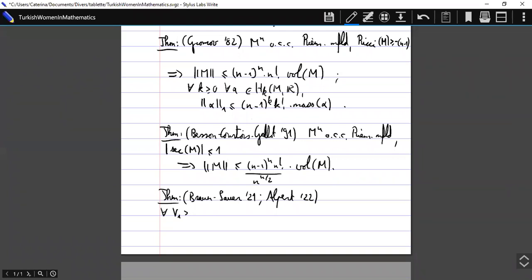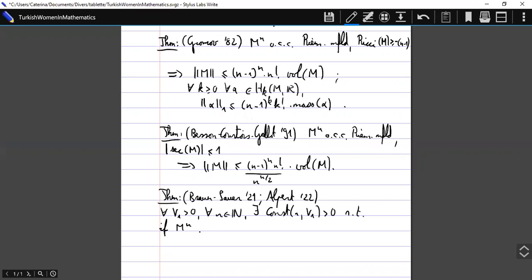For every V1 at least 0, for every dimension n in N, there exists a constant that depends only on this n and this V1, such that if we have M of dimension n, an oriented, closed, connected Riemannian manifold, with the condition that the volume of the balls of radius 1 around any point x of the universal cover are bounded by V1. So for every x in the universal cover, M tilde of M.